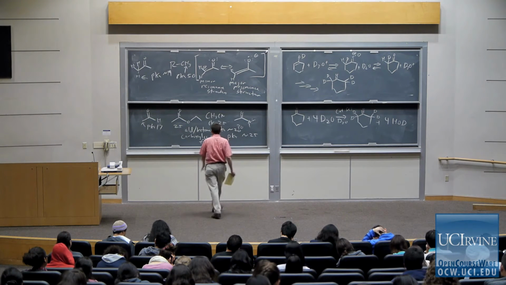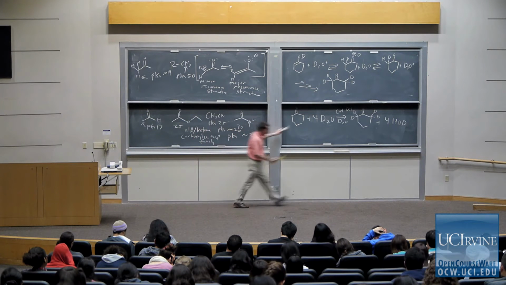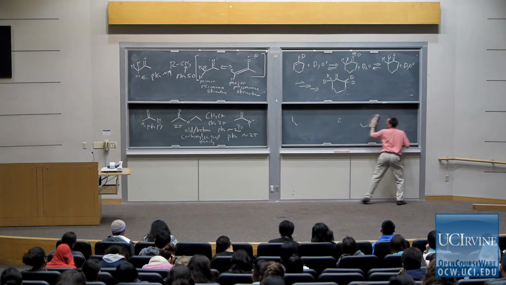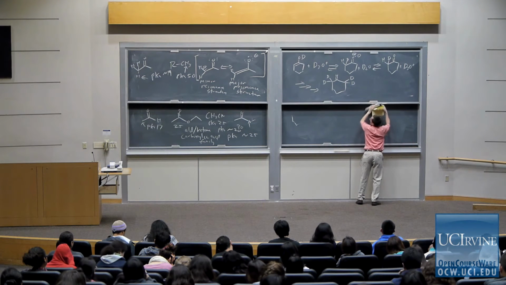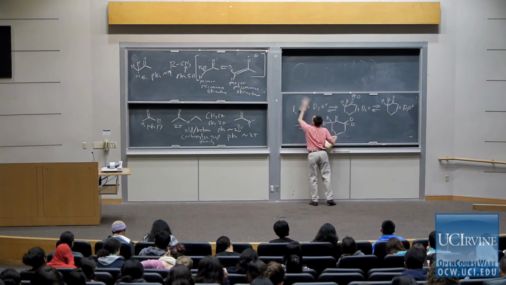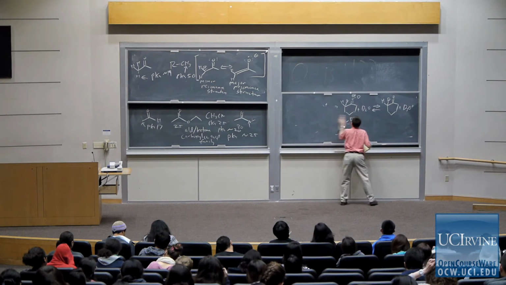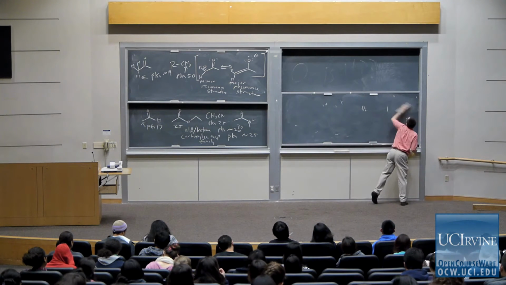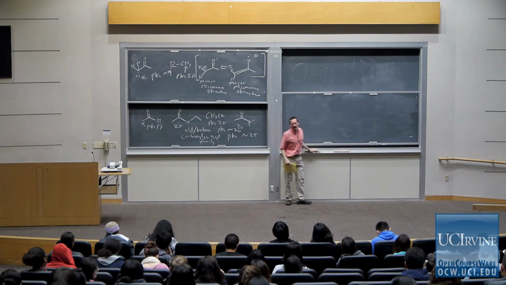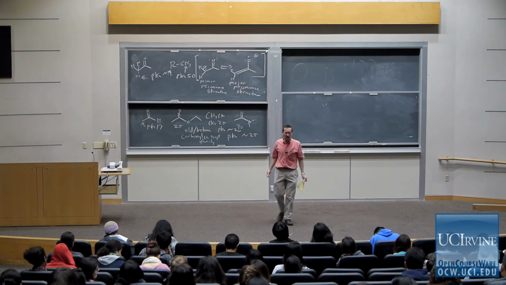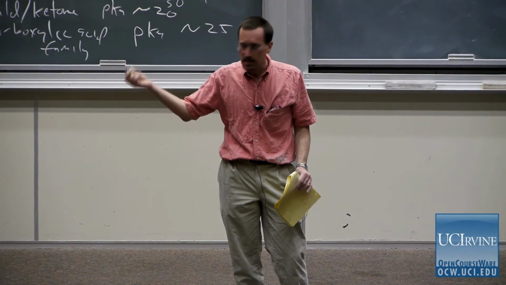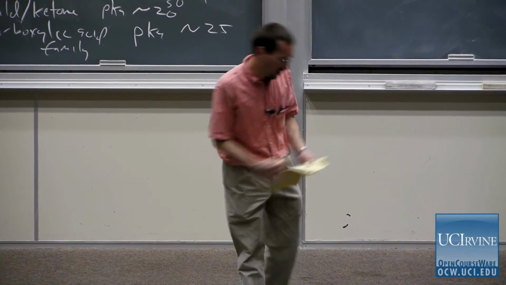But stronger bases can pull off protons quantitatively. Since the alpha protons of ketones and aldehydes are acidic, it shouldn't surprise you that base can also catalyze enol formation.